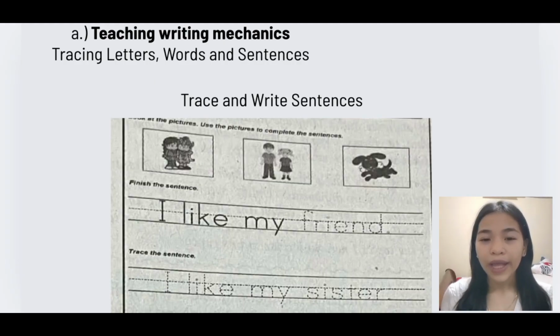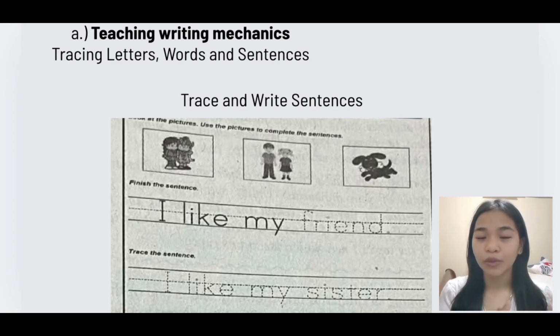Since we do it every day, repeatedly writing or tracing the letters, we recognize this is B, this is A. By that, our teacher moves us from letters into words.